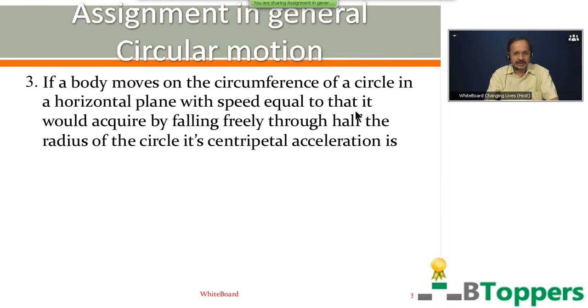If a body moves on the circumference of a circle in a horizontal plane with speed equal to that it would acquire by falling freely through half the radius of circle, its centripetal acceleration is. So I have shown 4 options on the screen.